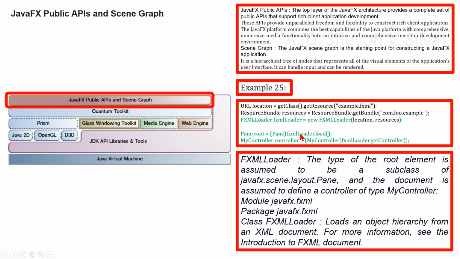Internally, FXMLLoader uses the javax.xml.stream API, also known as the Streaming API for XML or StAX, to load the FXML document.